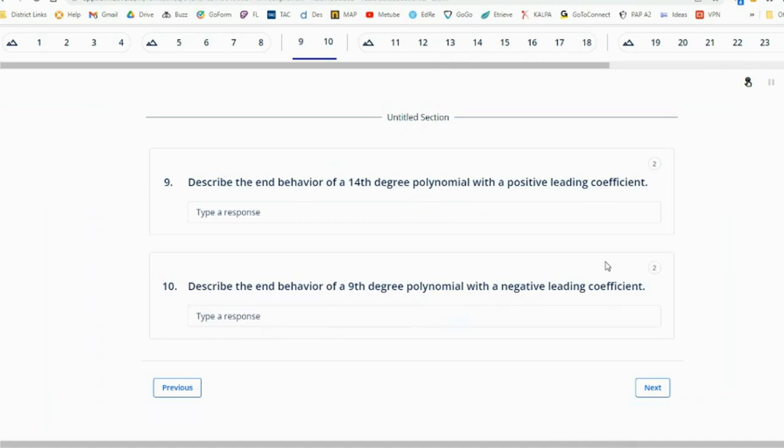Well, that's where a little cheat sheet helps. Oh, it's 14th degree. Is that even or odd? And it says it's a positive leading coefficient. So you should know: the left is down and the right is down, or the left is up and the right is down, or they're both pointing up, or both pointing down. Just whatever your little cheat sheet tells you.